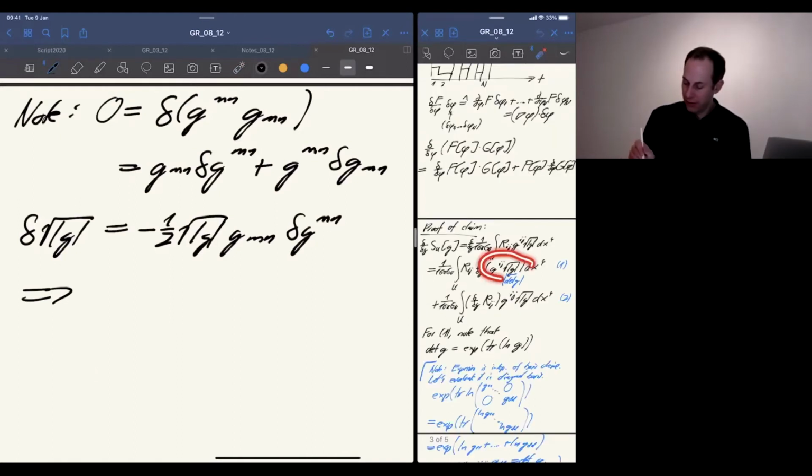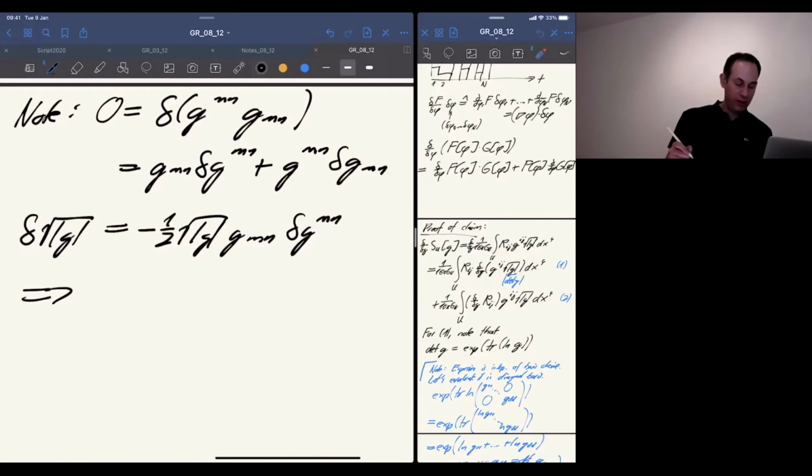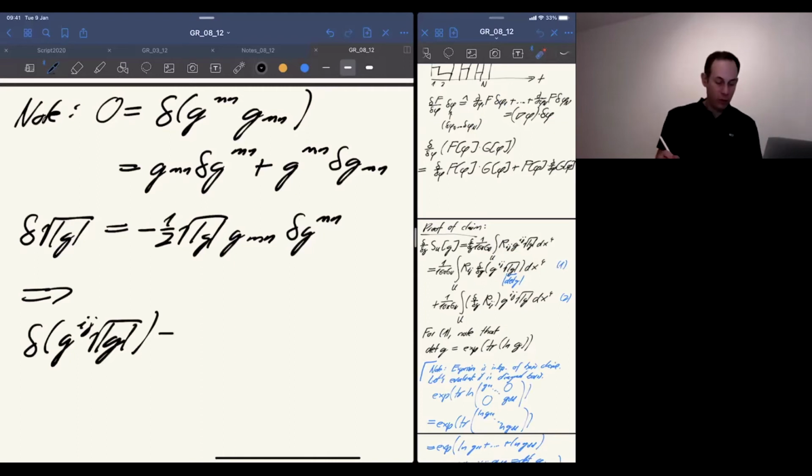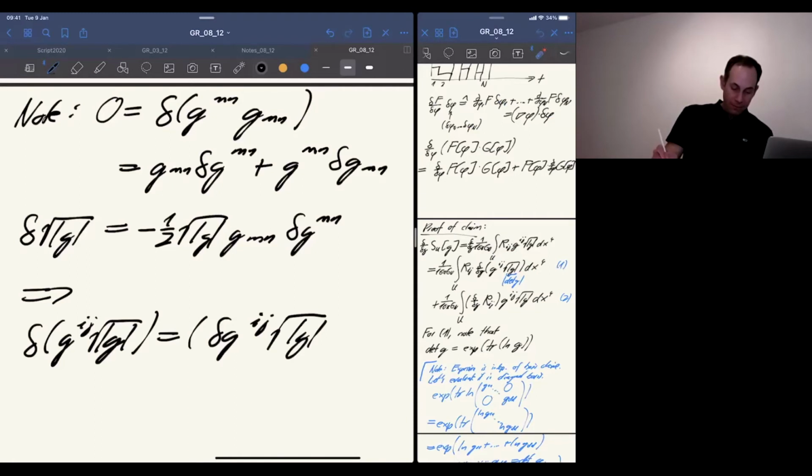So we have here this bracket which consists of g^ij times the square root of the determinant of g. So we essentially have an expression of this form, g^ij, using this abbreviation that I introduced, this thing. Now again, applying the product rule, this is just delta g^ij, and then the whole thing times the determinant. I don't think I need a bracket here.